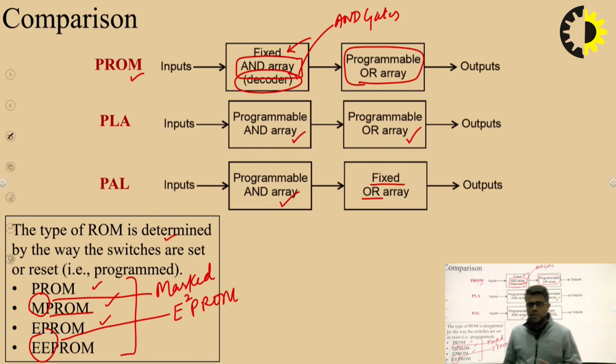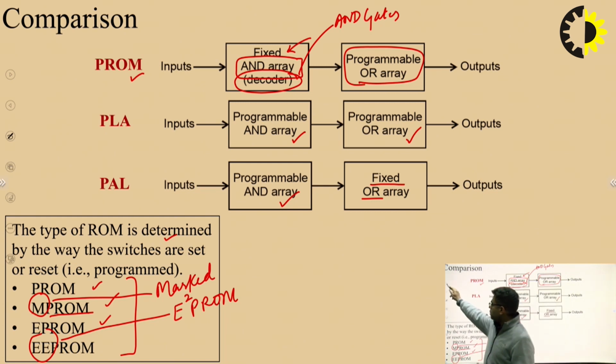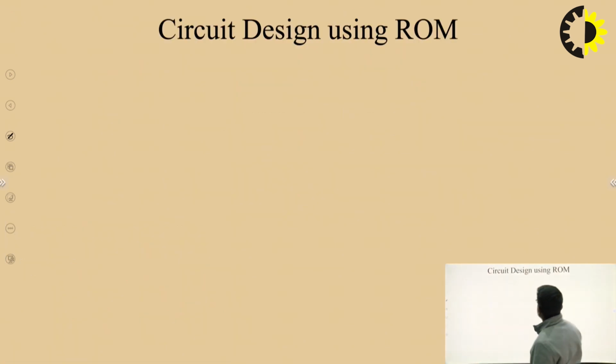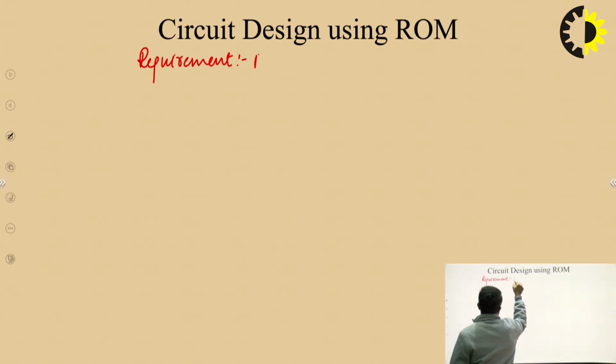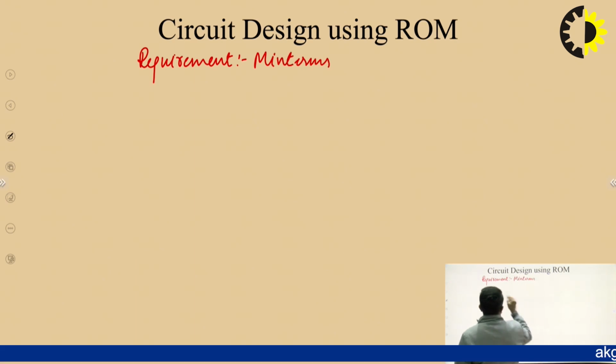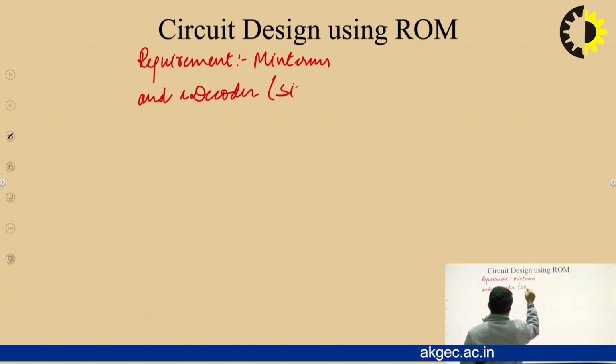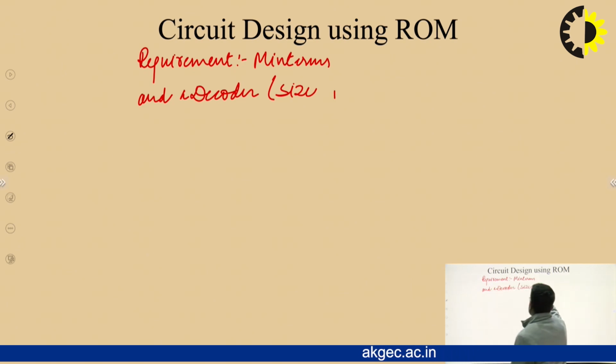So this is the basic of ROM, and now let's proceed towards the circuit designing part: circuit designing using ROM. The basic things which we require to design using ROM are the min-terms, and a decoder is required, the size of which you have to decide.